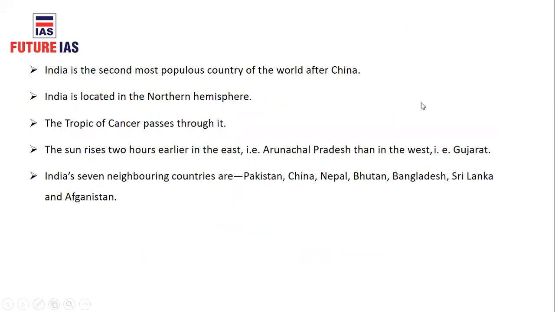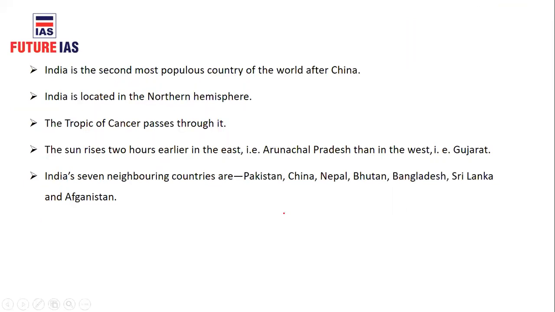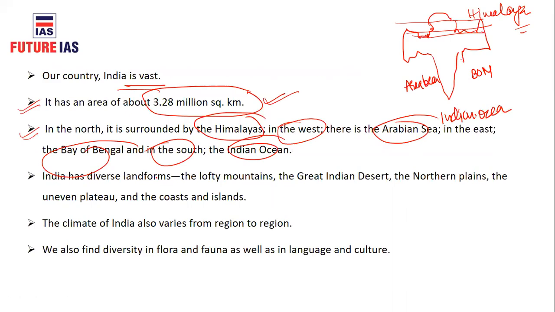So I'm talking about, for example, this is the Arabian Sea. This is the Bay of Bengal. This is the Indian Ocean. And here you will have the Himalayan ranges. All right. Let's understand that India has diverse landforms. Let's say the lofty Himalayas. You will have the Great Indian Desert. As I told you, the western portion of Rajasthan consists of the desert.